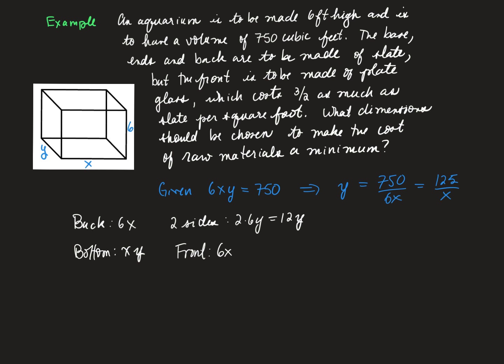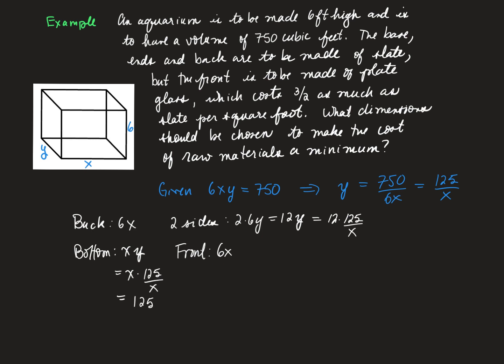So I could rewrite the area of the two sides as 12 times 125 over x, and I could write the area of the bottom as x times 125 over x, which is actually just 125.